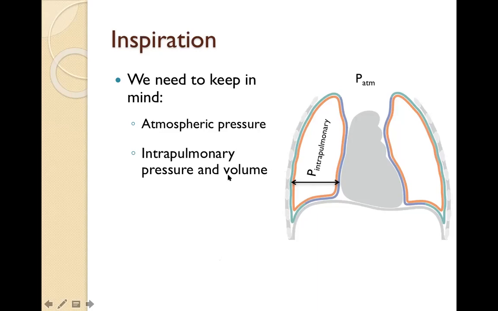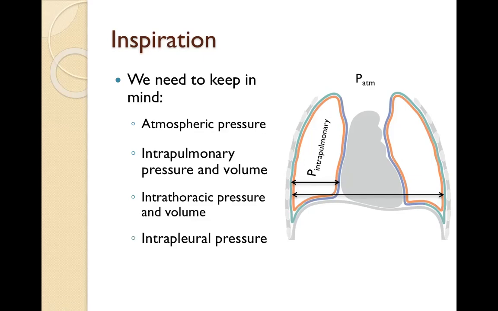And if we know what the pressure is, we can deduce what has happened to the volume because they're inversely proportional to each other. We need to talk about the intrathoracic pressure. So the pressure that's inside of the entire thoracic wall. And quite honestly, that's going to change exactly the same as the intrapulmonary pressure does.